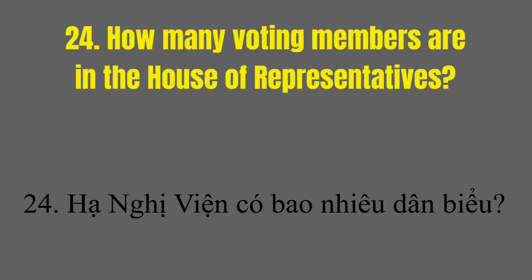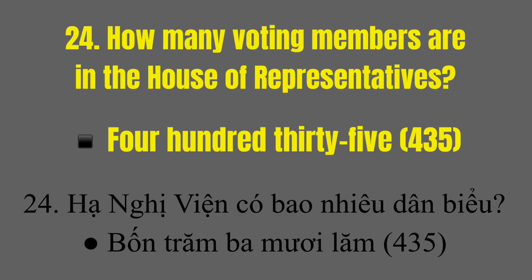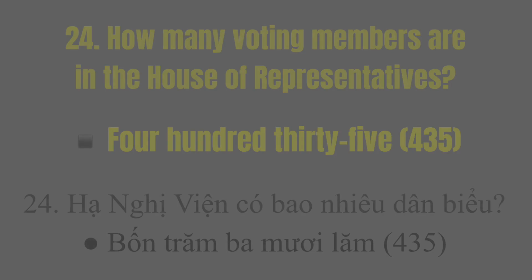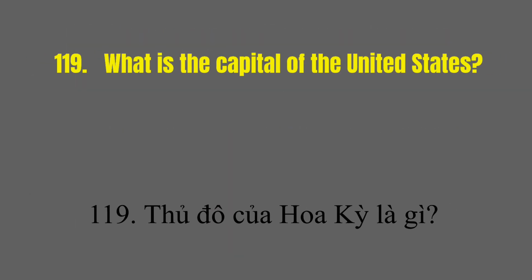How many voting members are in the House of Representatives? 435. What is the capital of the United States?